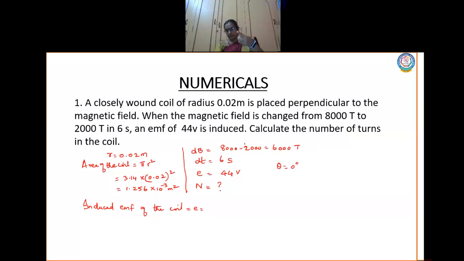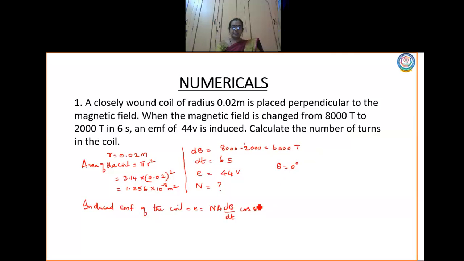But here you need to know the number of turns, so it should be NBA cos theta, and A is also given, but B is not given directly. They say that the magnetic field is changed from 8000 to 2000 in 6 seconds, so it is dB by dt. Now cos 0 becomes 1.